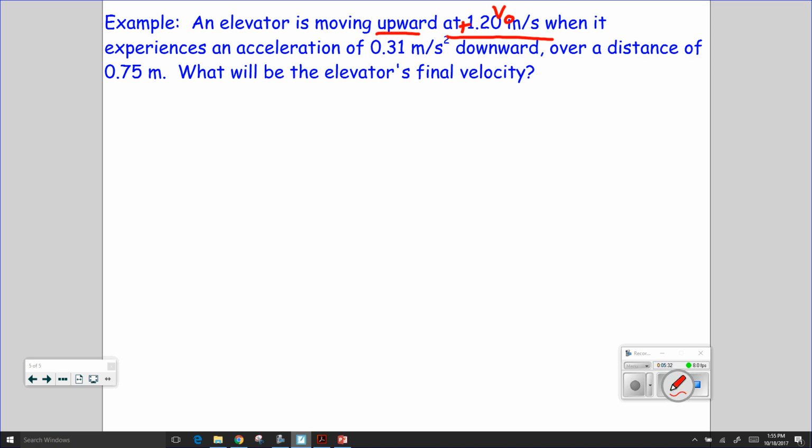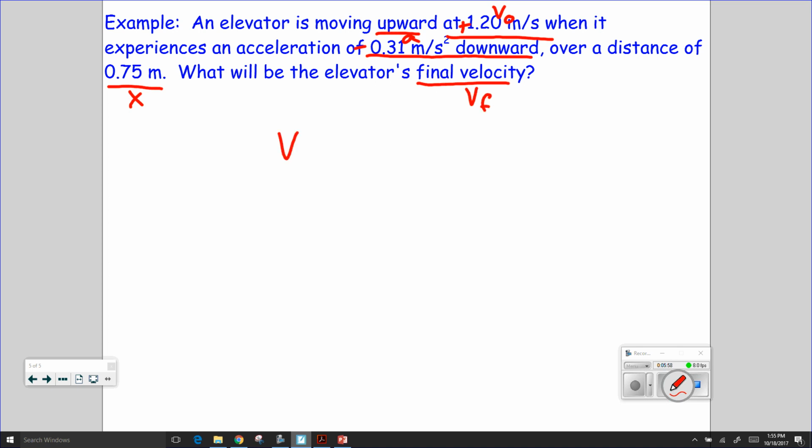When it experiences an acceleration of 0.31 meters per second squared downwards. So that's my acceleration. It's going downwards, so it's going to be negative, and so I can clearly see the elevator will be decelerating or slowing down. Over a distance of 0.75 meters, that'll be x. The goal is to find final velocity.